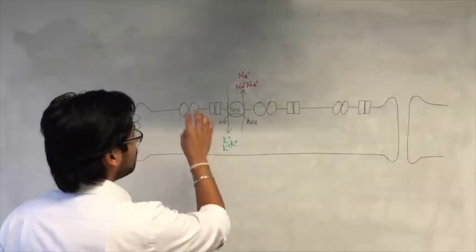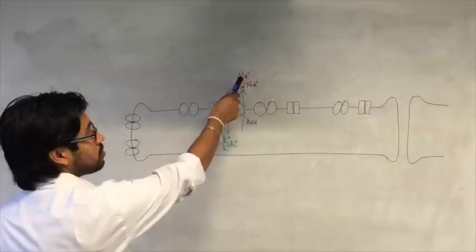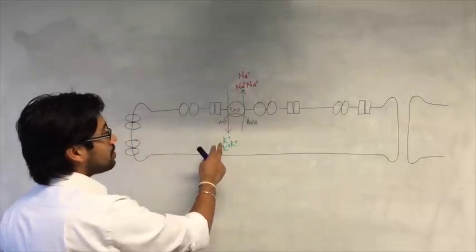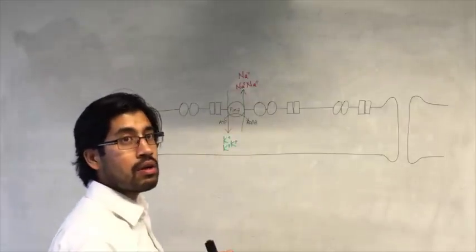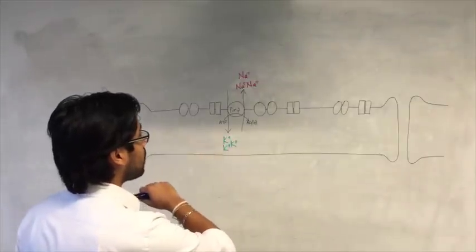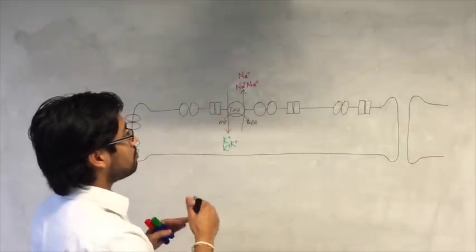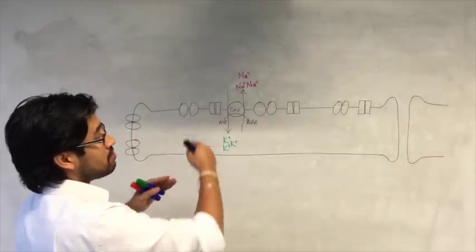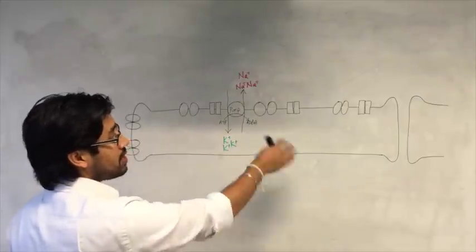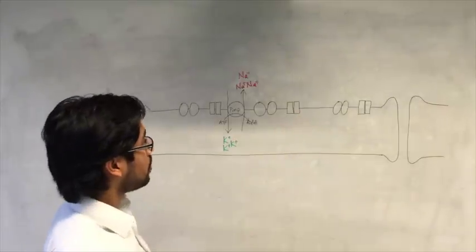The main ones that we'll be concerned with are sodium cations, i.e. positive sodium ions, and potassium cations, so positive potassium ions. And it's the movement of these that establishes whether the cell is at rest or if it's passing a signal along.